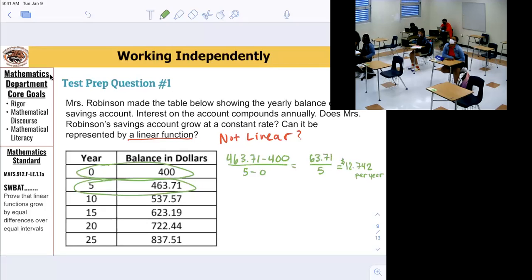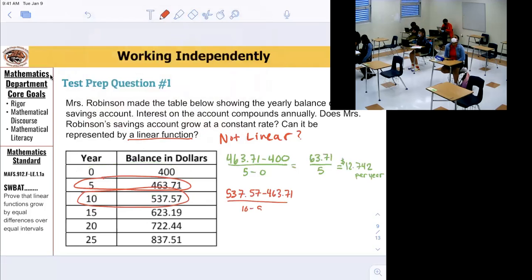All right. So that's my first 2. Let's see what happens when I do my second 2. 537.57 minus 463.71 over 10 minus 5. What do I get in the numerator? 73.86.